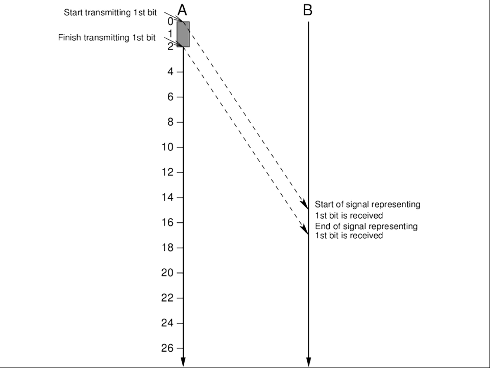So when computer A is finished transmitting the first bit at time 2, that last part, or that last signal of that first bit, takes also 15 microseconds to propagate. So computer B receives the signal representing the end of the first bit at what time?